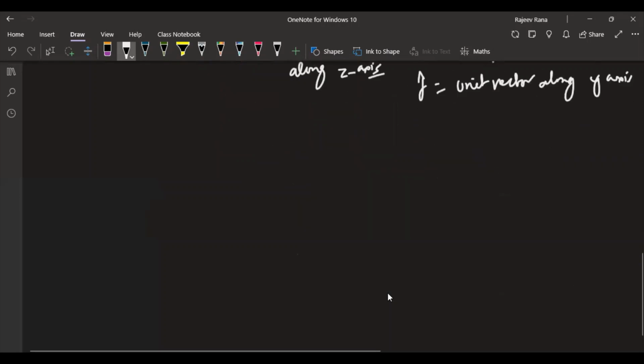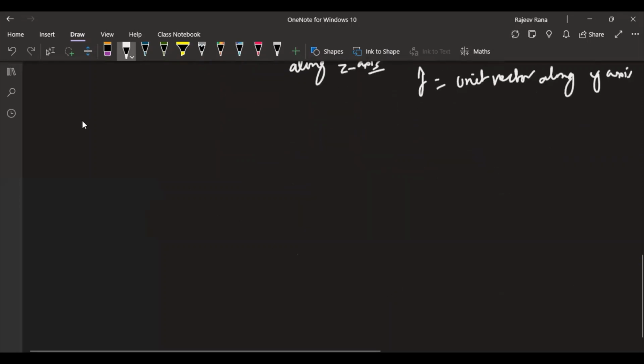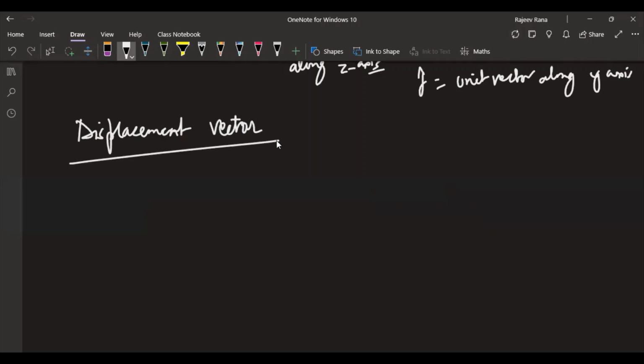Now there is another vector which is called the displacement vector. Suppose this is the y-axis and this is the x-axis. The particle was at this position and was indicated by position vector r1.